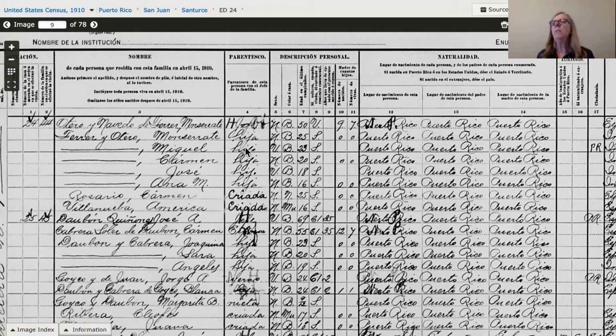And then we have the names of her children, and then criada, these are a couple of servants that are living in the house. And again, we have all of their ages and information and the birthplaces for them and for both of their parents. So it's important to always look at the image so you can get more information about the family that will lead you to clues and other records.